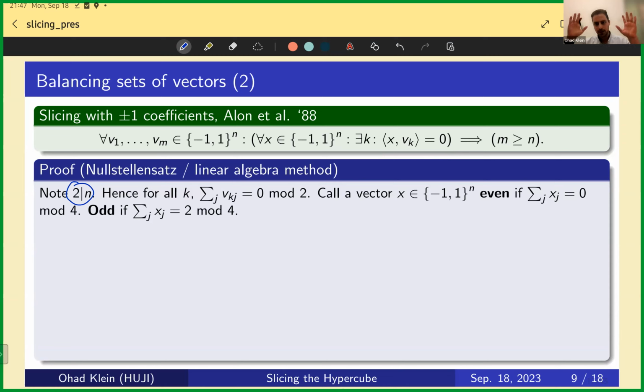Now we're going to partition the points on the cube into two categories. We will have the even vectors and we are going to have the odd vectors. The even vectors satisfy that the sum of their coordinates is divisible by 4. And odd vectors are going to be these points which have sum of coordinates not divisible by 4, which must be 2 modulo 4.